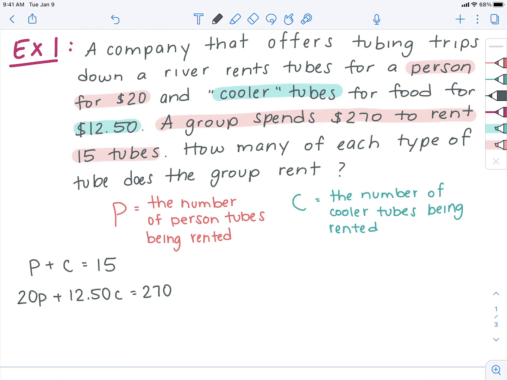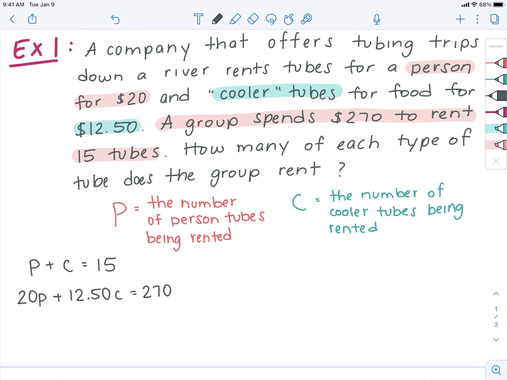Do you have a preference? No? Okay. So when I look at it, personally I prefer to use elimination, but in order for me to use elimination, I'm going to either have to multiply the top equation by 20 or 1250, which is not so great. Or I can rewrite and substitute.